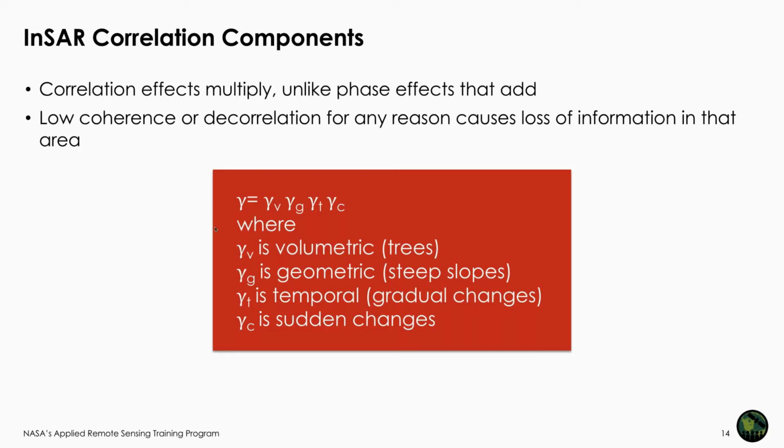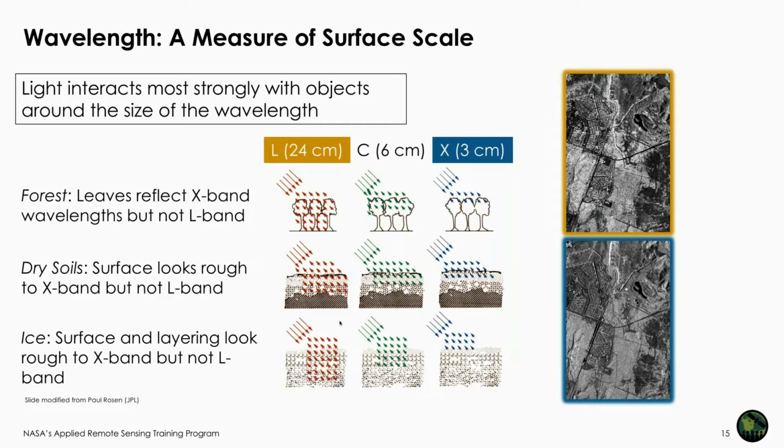And so the total gamma here is the multiplication of the volumetric correlation and the geometric correlation due to the slopes or a large baseline, the temporal decorrelation, and any kind of sudden change, like due to an earthquake destroying buildings. And this is also going to depend on the radar wavelength.